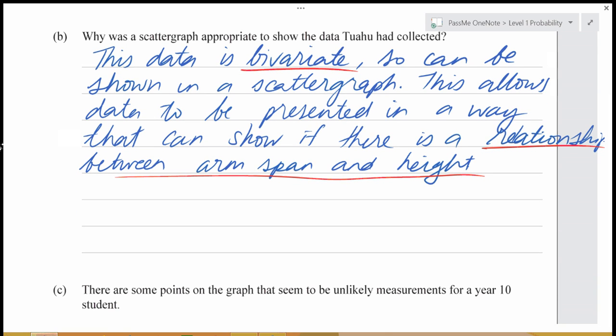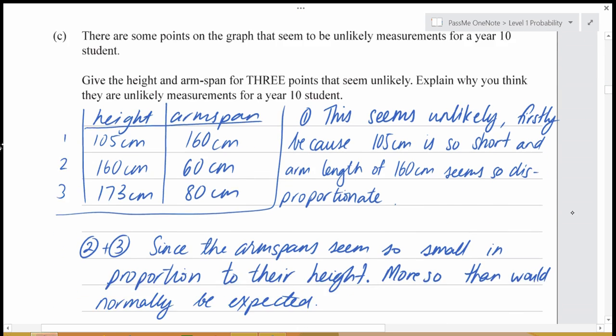Question B, depending on how you answer it, you can get anything between U to T for that one, so anything from achieved to excellence.